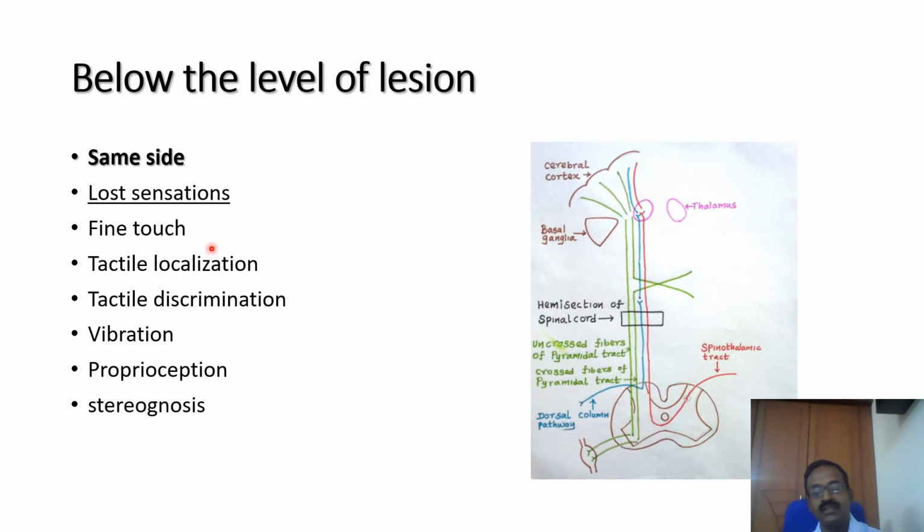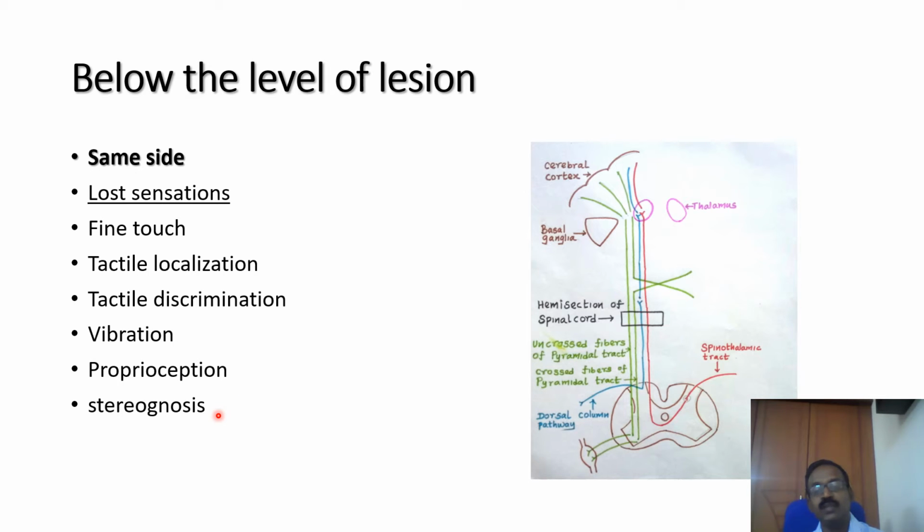Fine touch is a touch. Tactile localization is the ability to localize the point. Tactile discrimination is the ability to discriminate that two points are separate. Vibration, you know. Proprioception is the conscious sensation of movement, kinesthetic sensation.